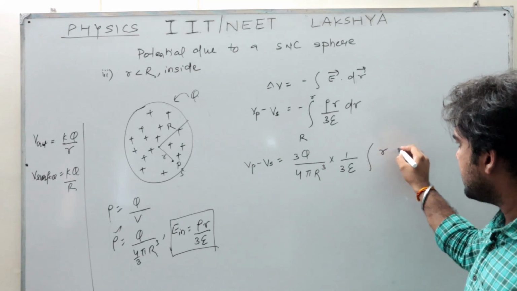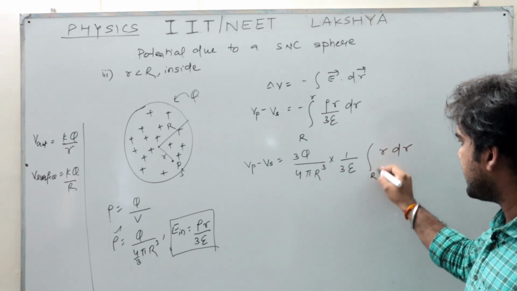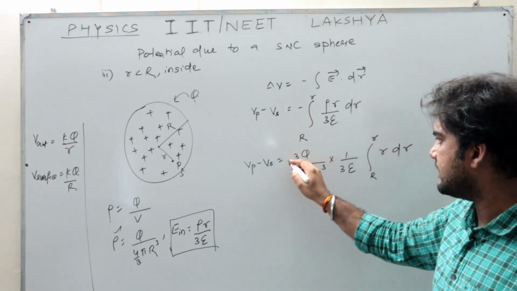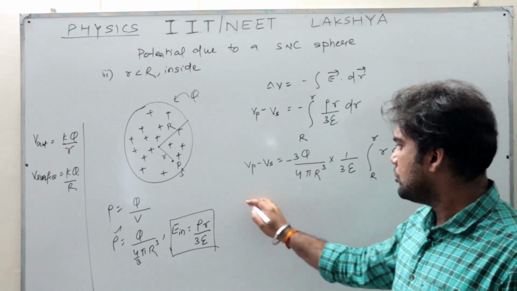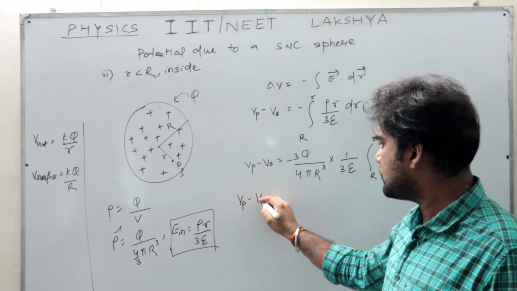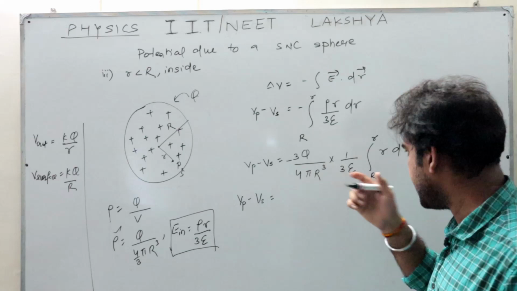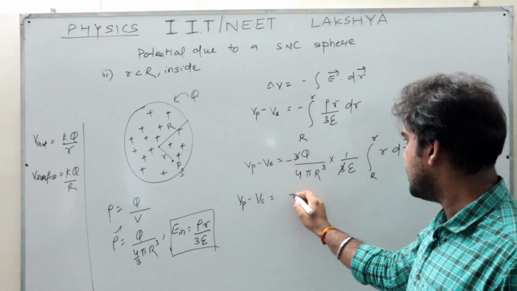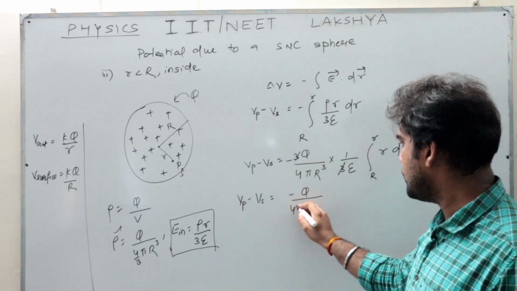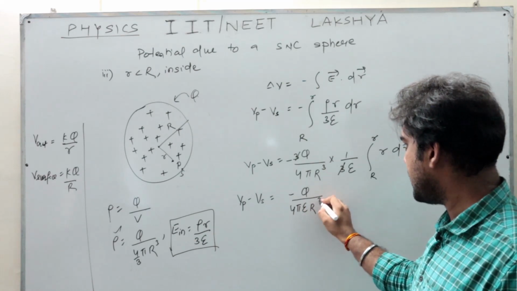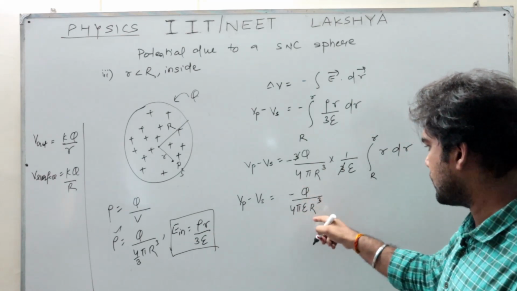Integral r dr from capital R to small r, and this minus sign is retained as it is. So Vp minus Vs, I may say like this, 3 and 3 cancel, minus q by 4 pi epsilon R cube.